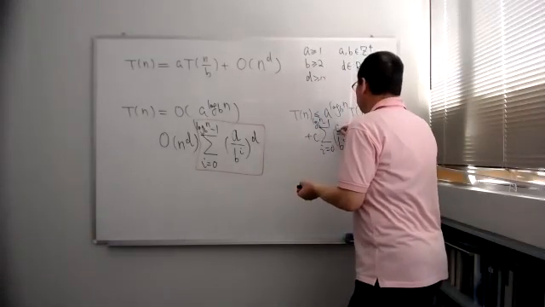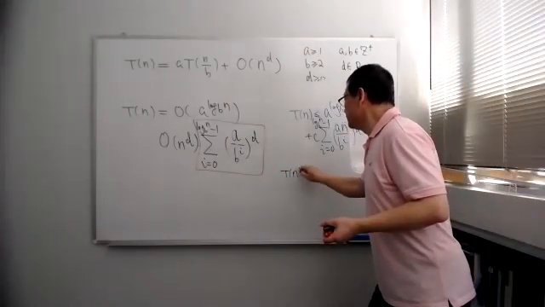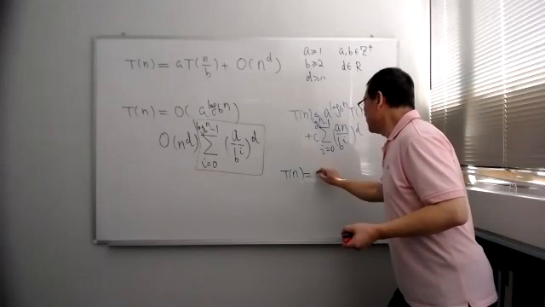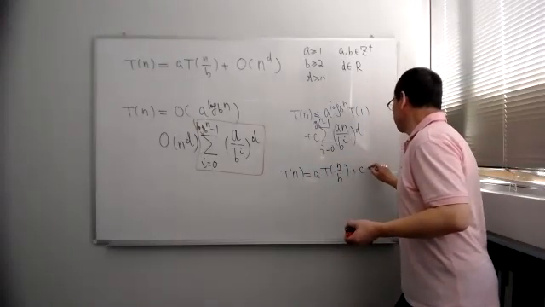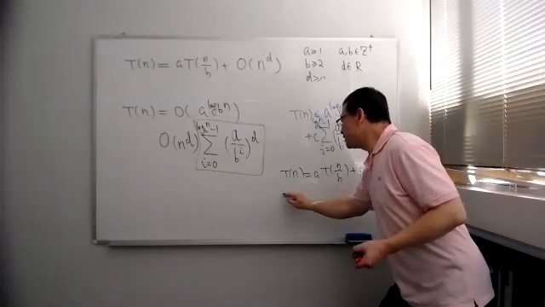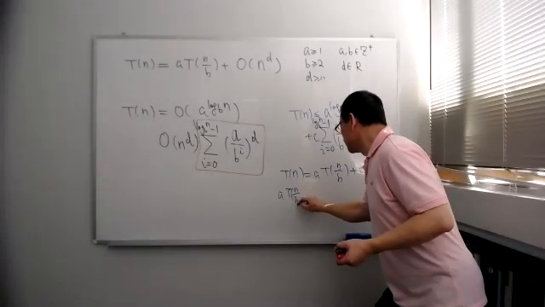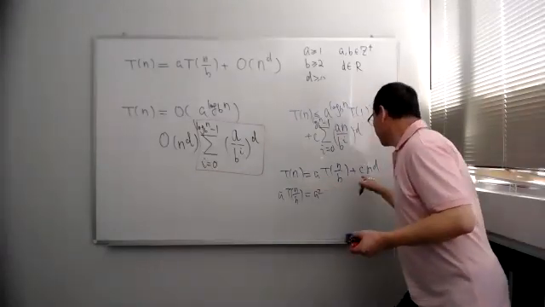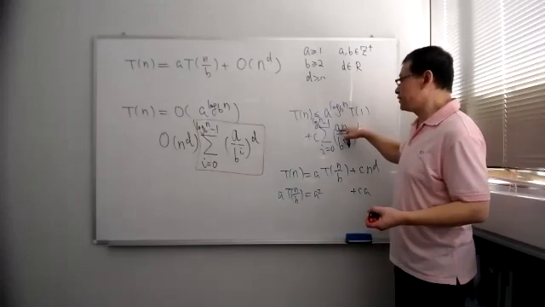But the tedious thing is when we expand this term, Tn equals a T(n/b) plus c n^d. When I expand it, I forgot this A. When I multiply by this A, here it equals a squared. Here I forgot, it should be c a. I forgot this one. Okay, that's why I forgot this A.